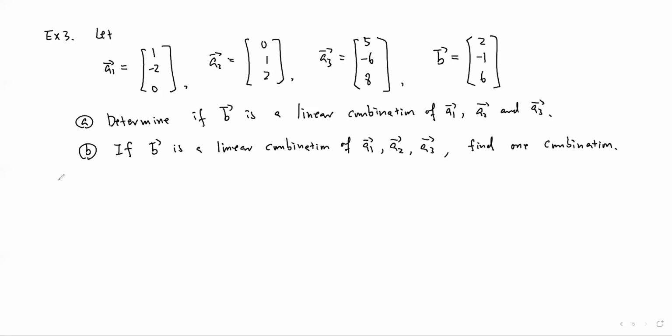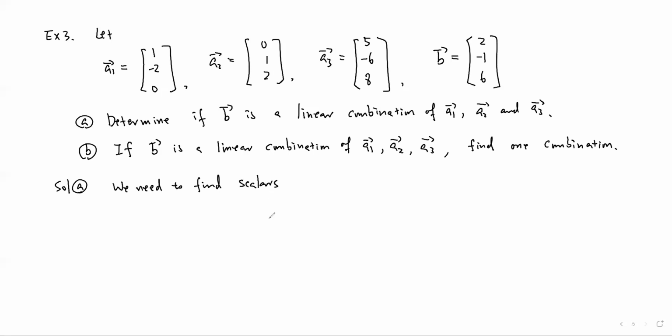Okay, now solution to A. Now this time, how to answer the question? Determine whether b is a linear combination of these 3 vectors. Okay, we need to find scalars.